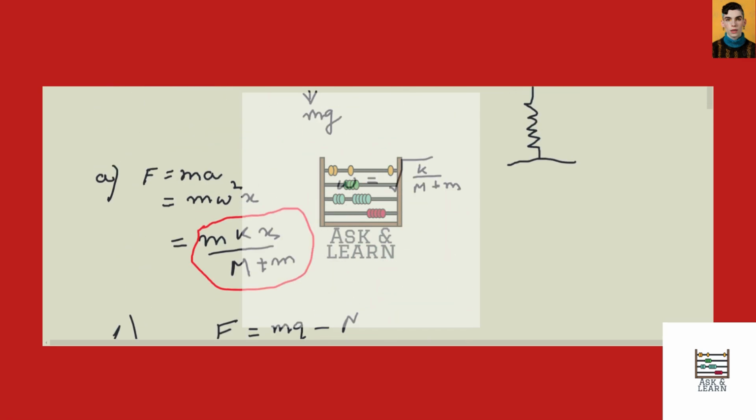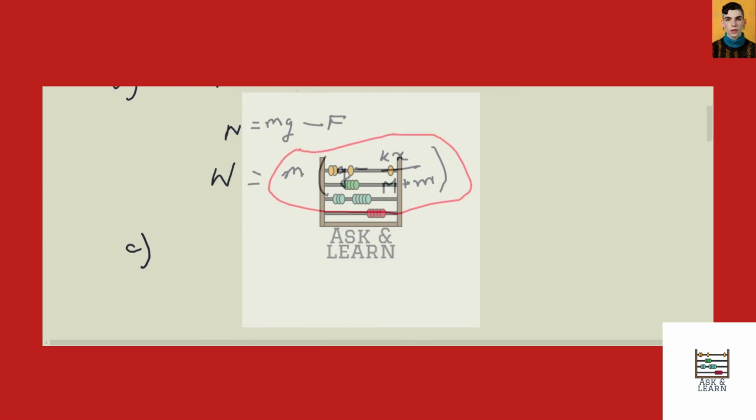Next we have a separate part C. Here you have to calculate the maximum amplitude with which the two blocks will oscillate together. Here we'll write the net expression.